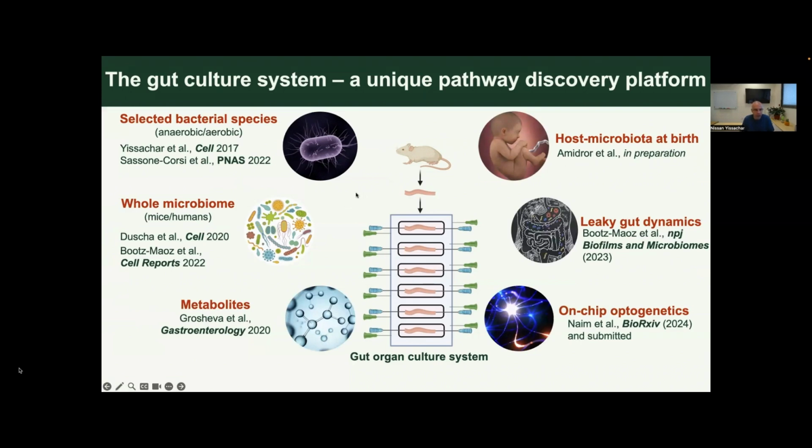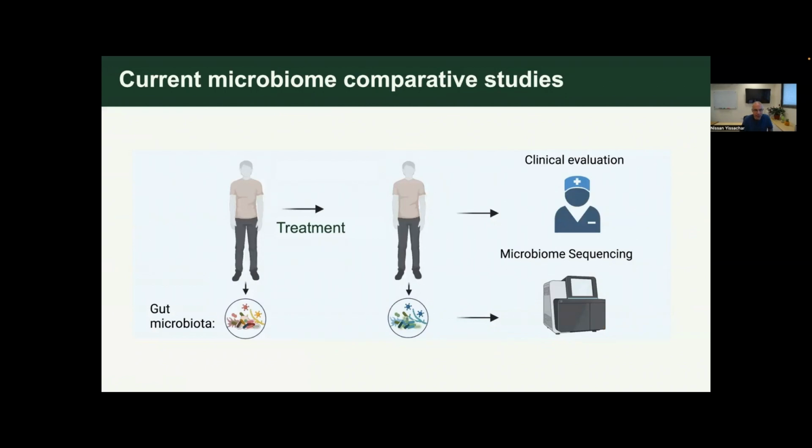In this talk, I want to share with you an interesting story about how changes to the human microbiome following diet will affect microbiome composition and gut responses and the underlying mechanisms. Over the past few years, determining microbiome composition became relatively accessible. We can simply collect fecal samples from patients before and after treatment, sequence these samples using next generation sequencing, and then determine which bacteria are there and in which quantities.